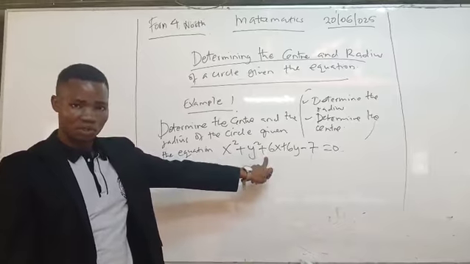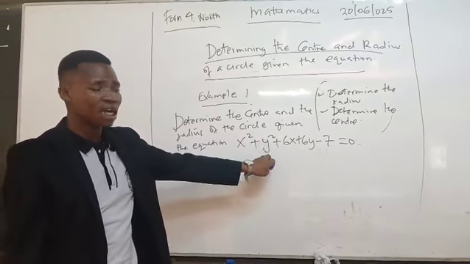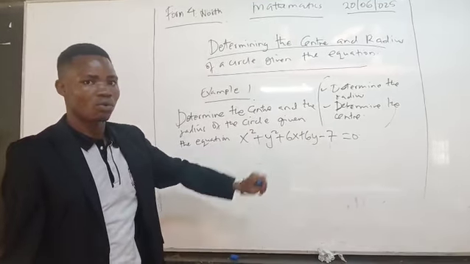This is our equation, and we are told to determine the center and the radius of the circle.